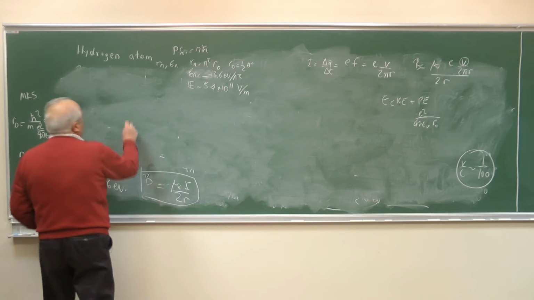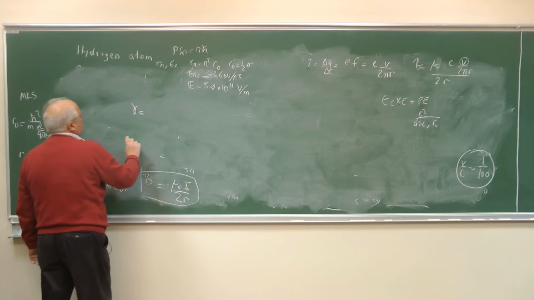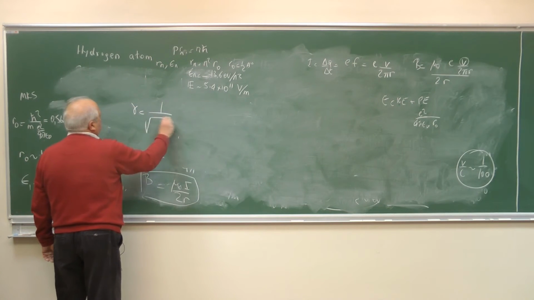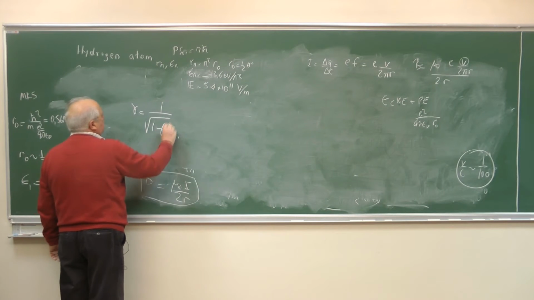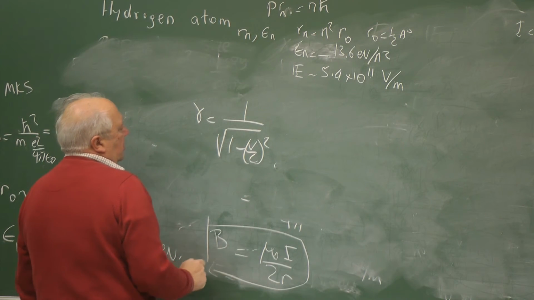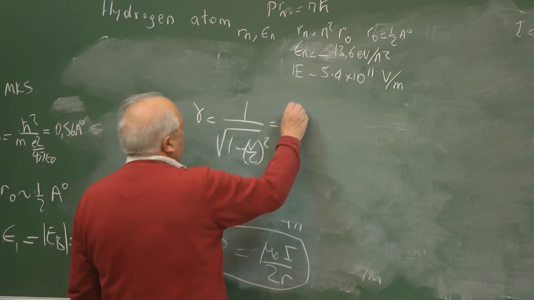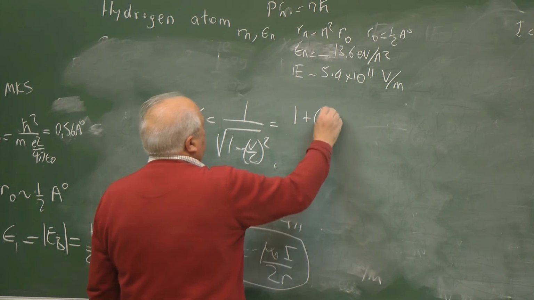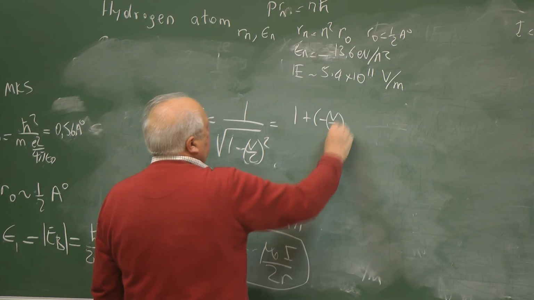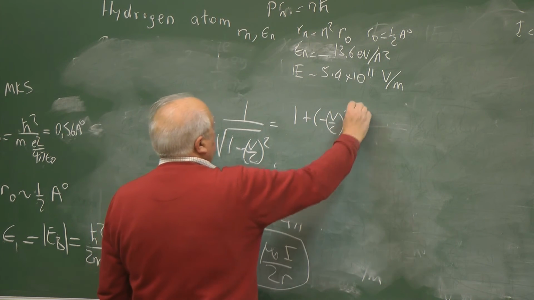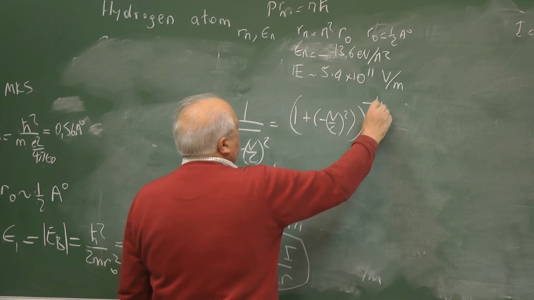Well, in relativity, we have this famous gamma factor, which is 1 over root of 1 minus v over c square. So if v over c is small, we can expand it. We can write it as 1 minus v over c square to the power minus 1 half.